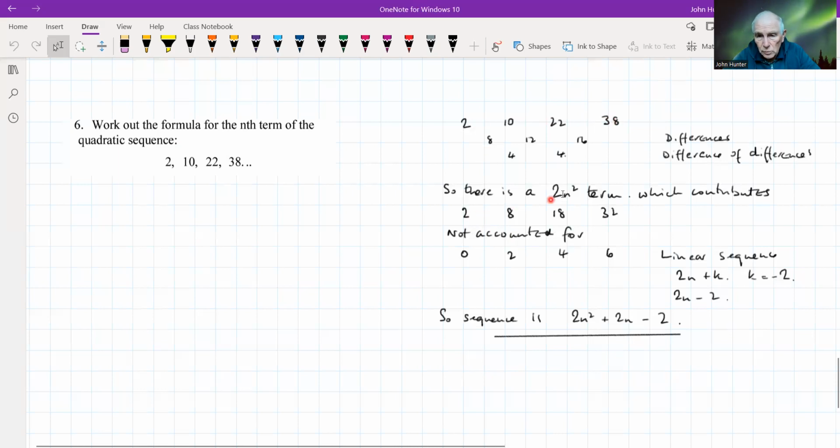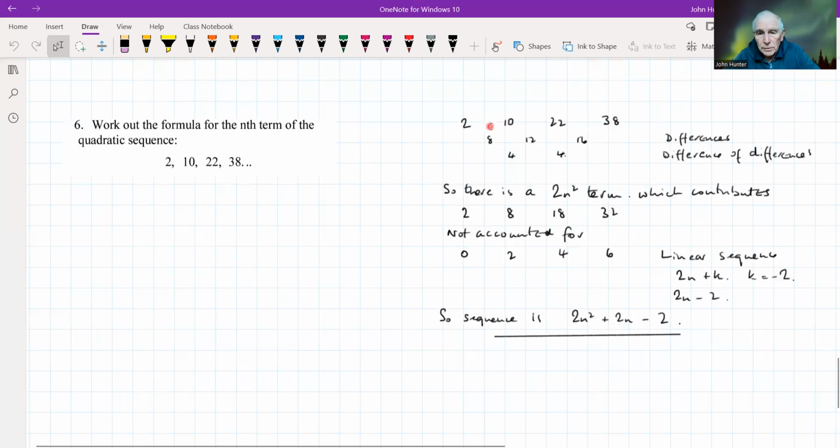Let's work it out. If n equals 1, it's going to be 2 times 1 squared, which is 2. If n equals 2, that's 2 squared, 4, times 2 is 8. For 3, it's 18, and for 4, it's 32. So this is the contribution from that 2n squared part. So if we strip that out of the original sequence, then what we're left with is just the linear sequence.